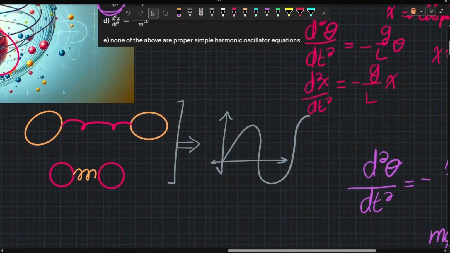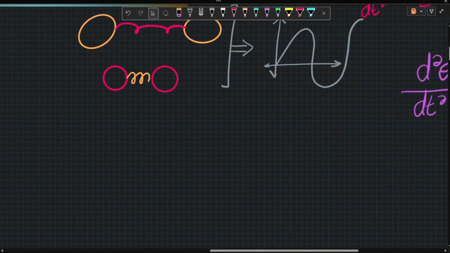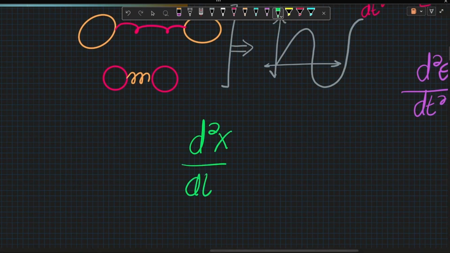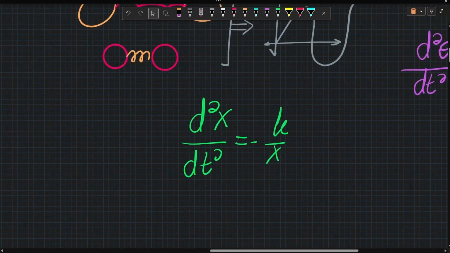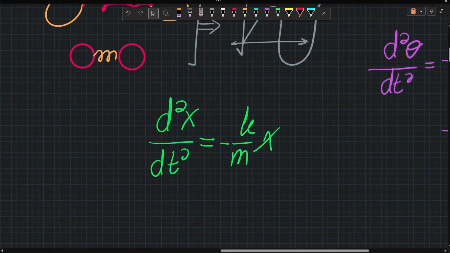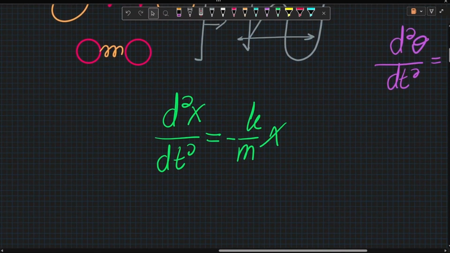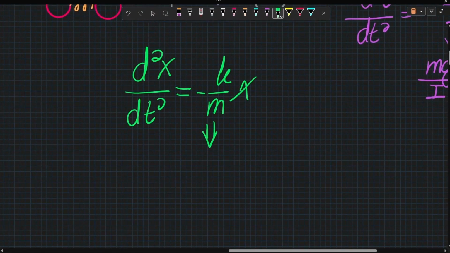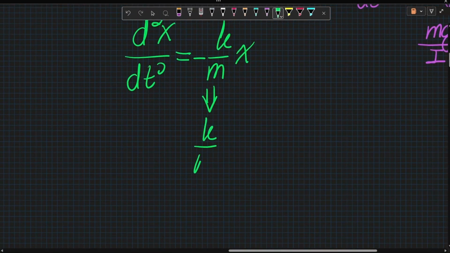Now let's move to D. D describes d squared x over dt squared is equal to negative k over m times x. You should recognize that the k over m value is very similar to our spring value. So far so good: we have the negative and we have a spatial variable x. Is k over m the correct term here?